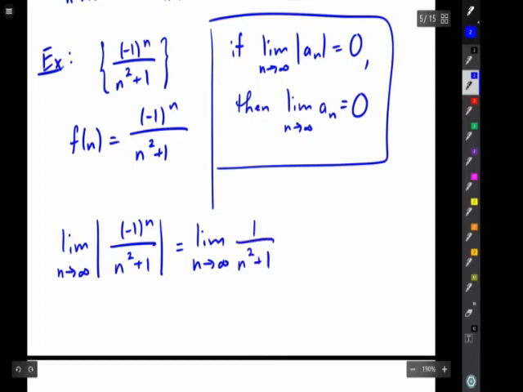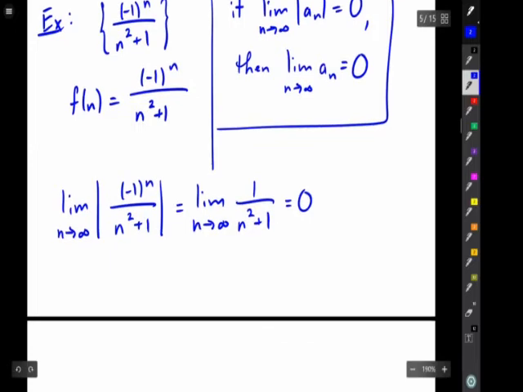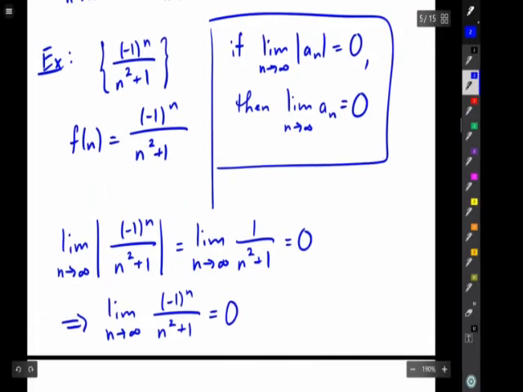And if you think back to how we compute limits, we can see that this is 0. So that implies that the limit as n goes to infinity of our sequence that we're actually interested in is 0.